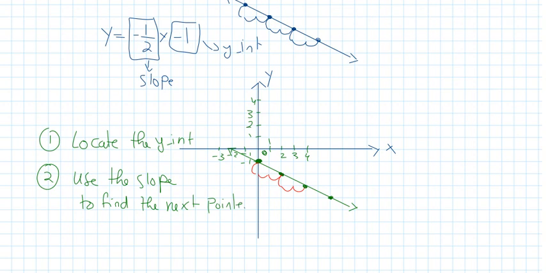And that's why it's important to know how to locate your y-intercept and how to locate your slope. Like, to know what they are. Okay? Copy these notes, and then we will do an example together.